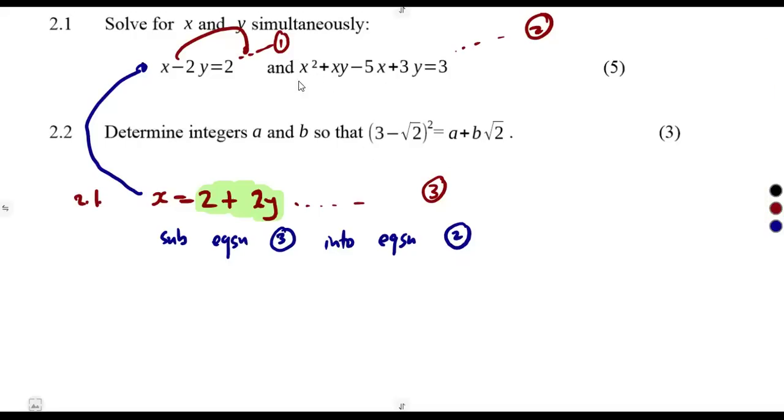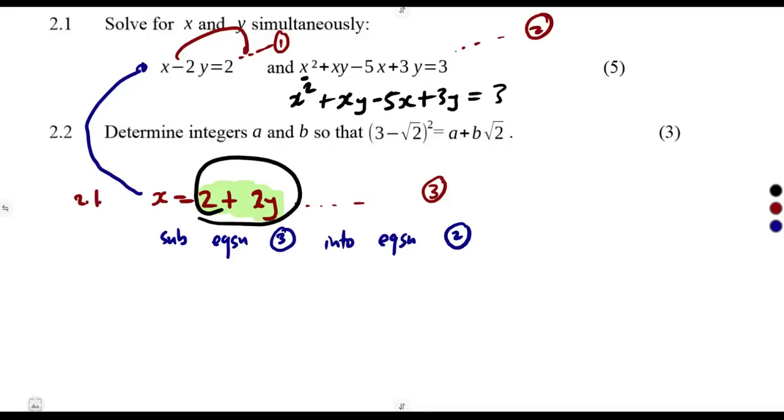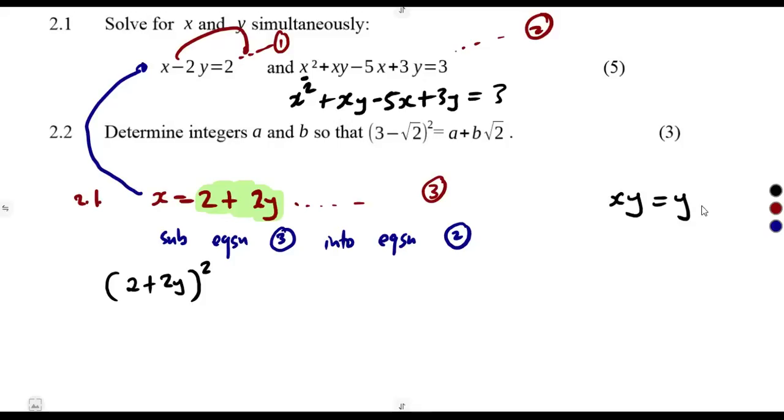So in equation 2, this is what we have, guys. This is given as x squared plus xy minus 5x plus 3y is equal to 3. This is x squared, so it is going to be 2 plus 2y squared in place of x squared. Plus xy. Guys, I told you, xy is the same as yx.